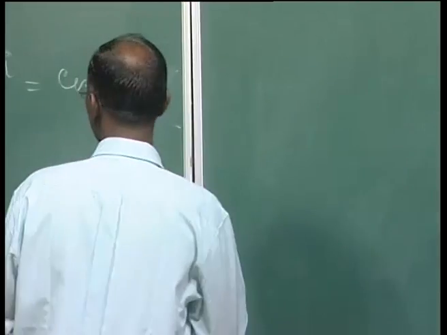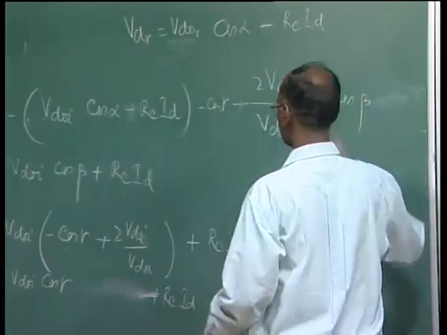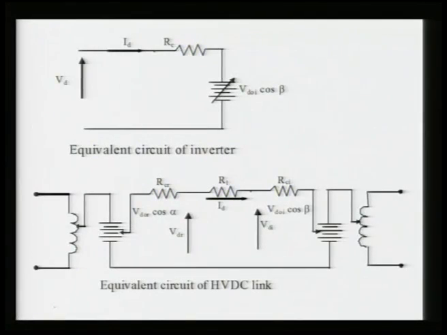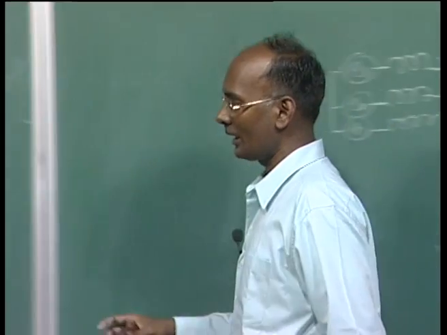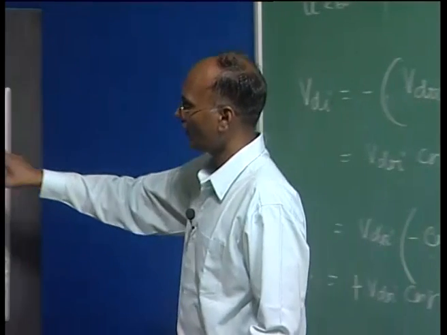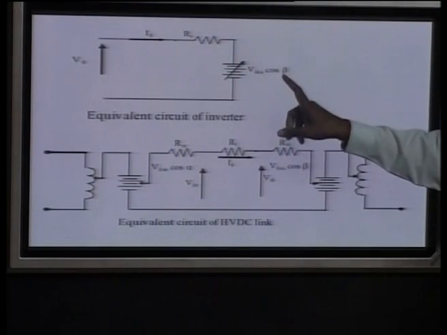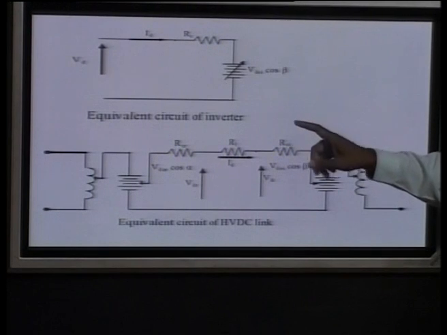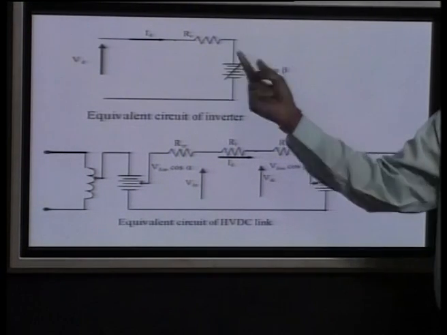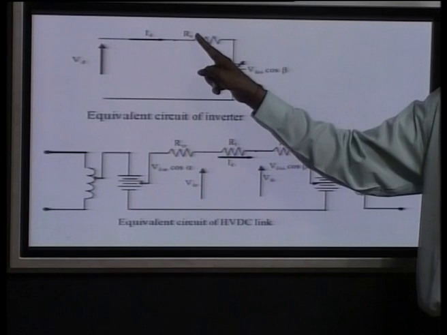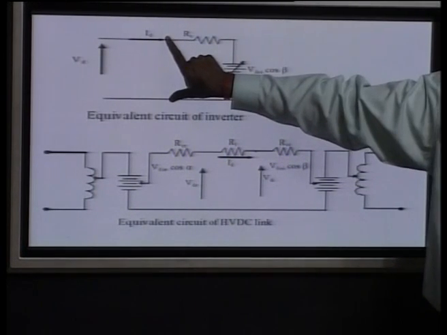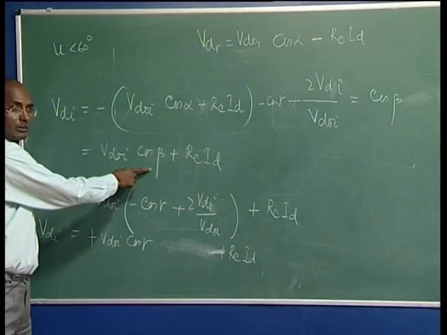Now, we can draw the equivalent circuit for this. This is basically the equivalent circuit of your inverter in terms of beta. You can see here this voltage and this voltage are adding, because current is coming here. So, RC ID plus here, that is this voltage, and that is true here with this expression.